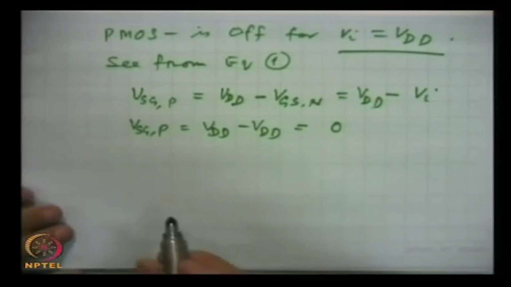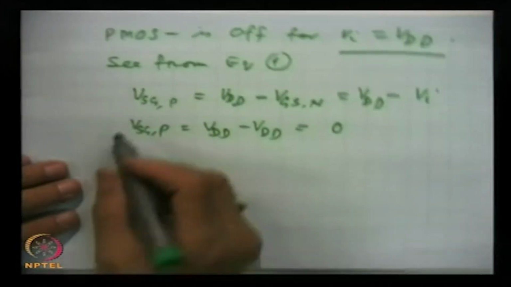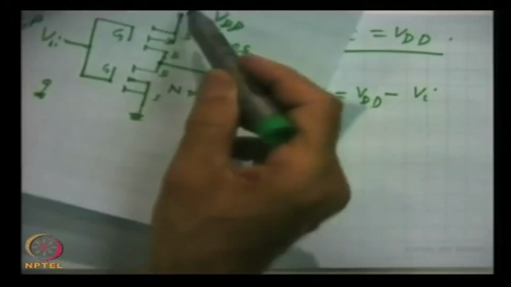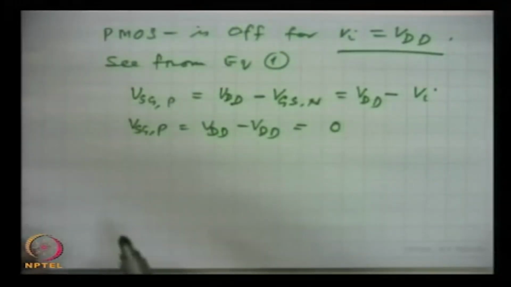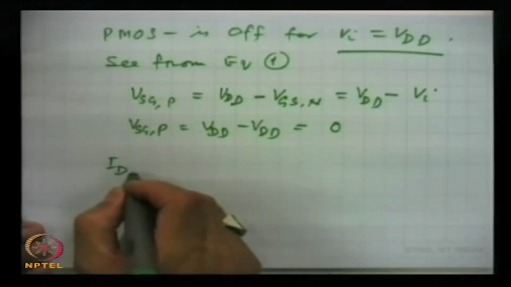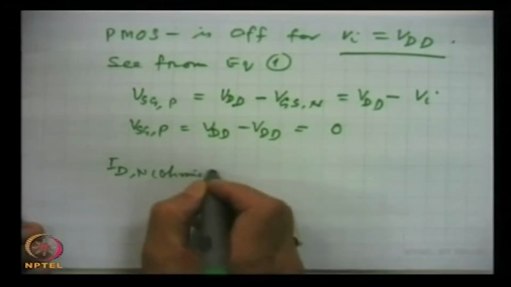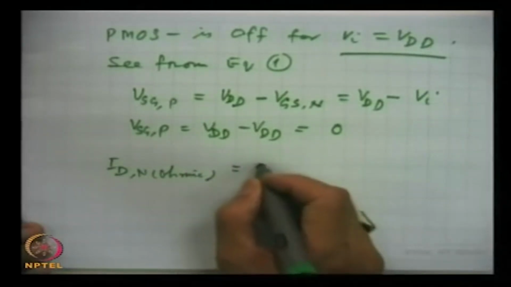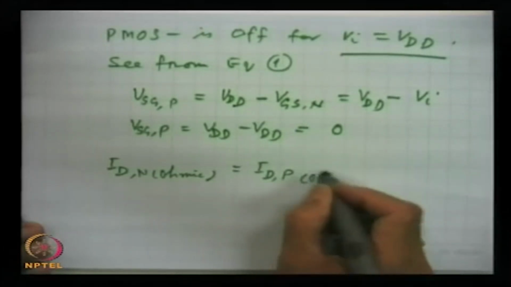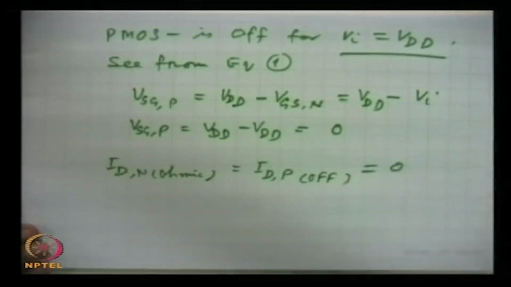Therefore, PMOS is off, but because of the fact that both are connected in series, IDN ohmic should be equal to IDP off, and this is equal to 0.